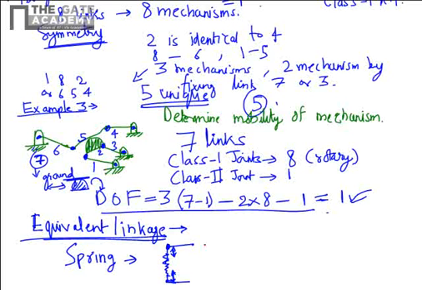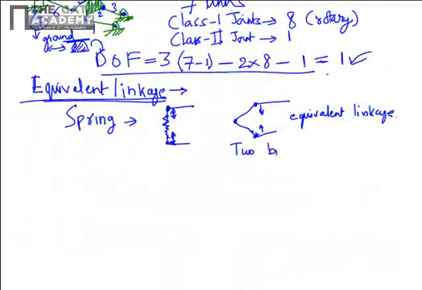So if you replace this spring by two binary links, you can see that you can get a similar kind of motion of the joints. So this is the equivalent linkage of a spring: two binary links. So in your problem you can replace the spring by two binary links and you can go forward to solve it with our usual Grubler's criterion approach.